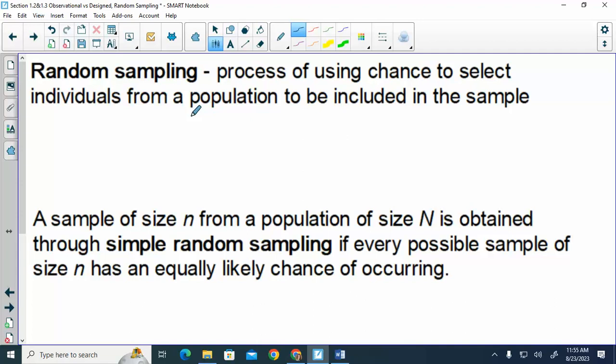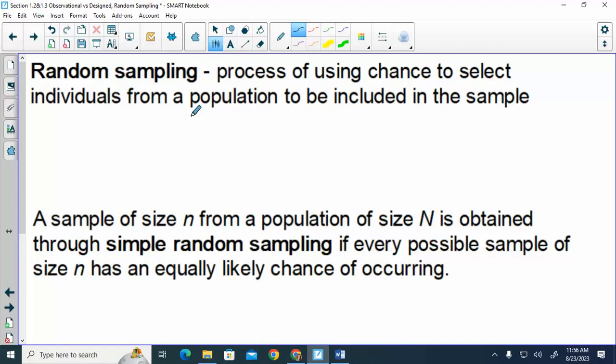That is random sampling. Everybody is equally likely to be chosen. And that's where we'll get into a lot of different kinds of random sampling tomorrow.